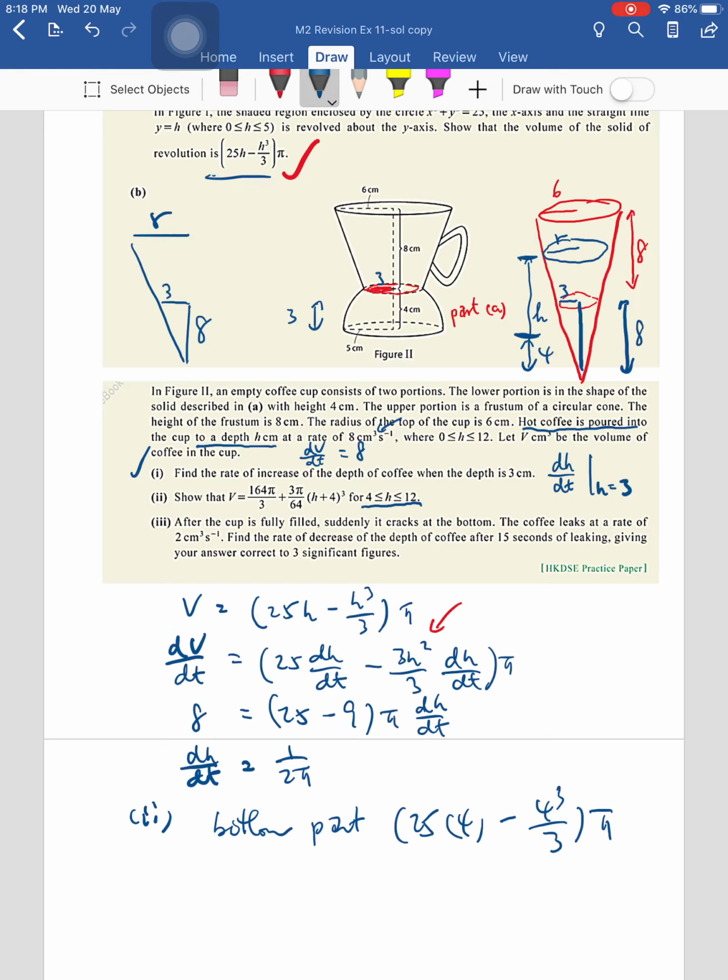So 8 to 3, R, and this one is the height. Actually it is not h, it is h plus 4. This length is h plus 4, this is h, this is 4.